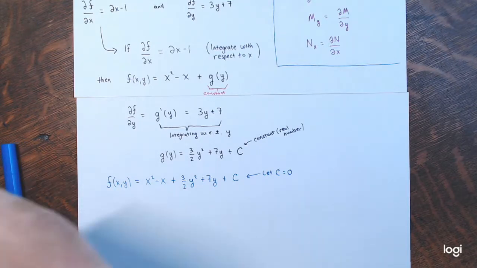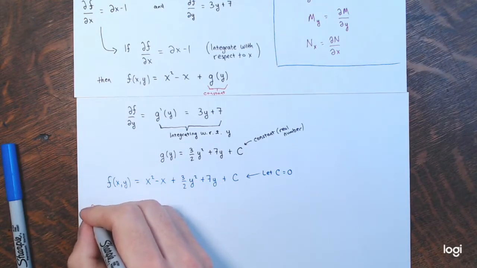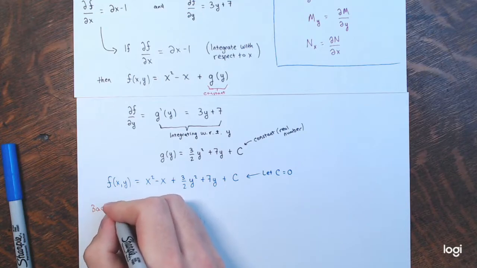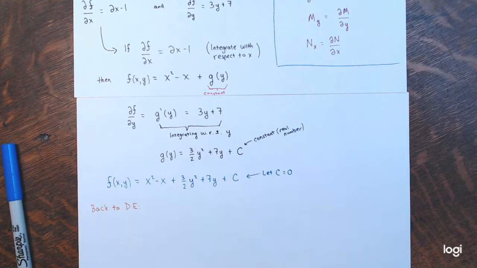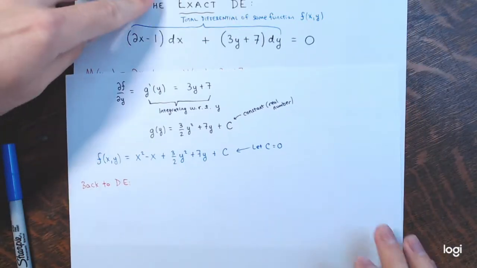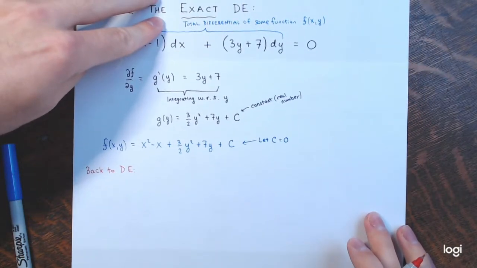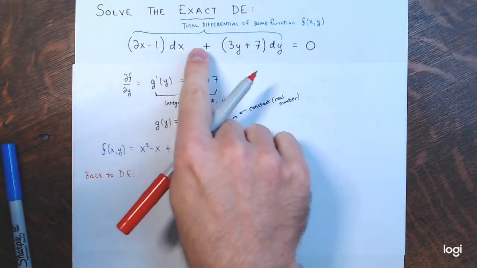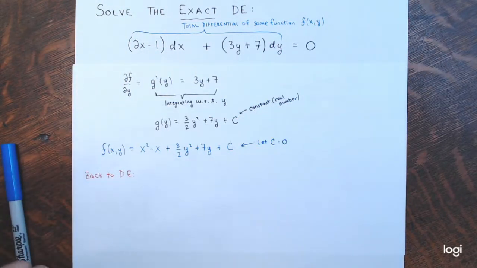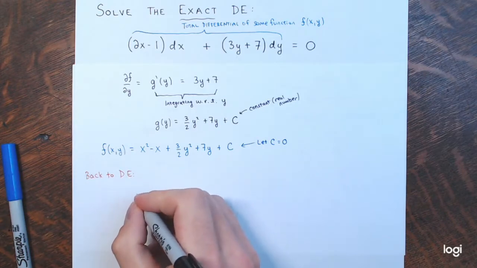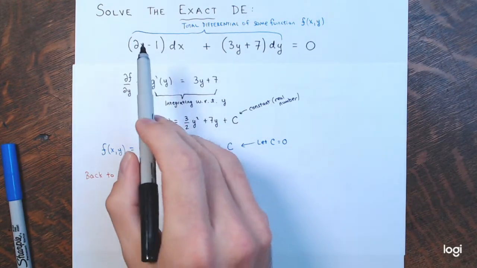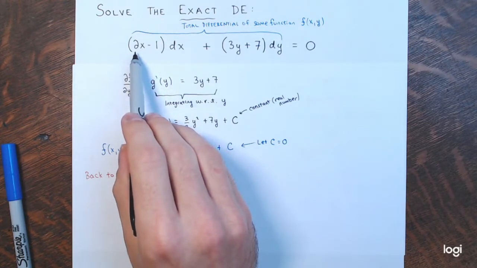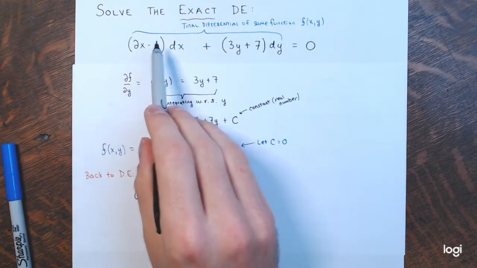So now we go back to the differential equation. Let me pull this up here. And you see now this left side of the equation is the total differential of our function f.